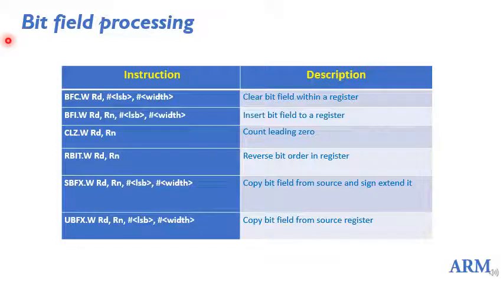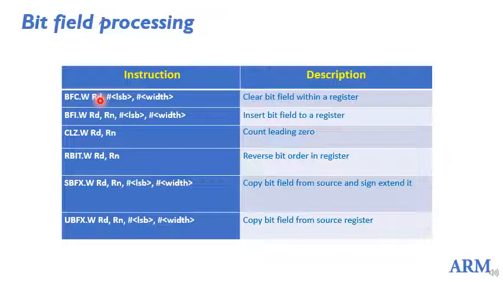The last group of data processing instructions is bit field processing. Here there are various instructions for bit field processing. The first one is BFC. BFC stands for clear bit field. The syntax is BFC.W, the 32-bit instruction, Rd, #lsb, #width. This has only one register, so that will be the source as well as the destination.